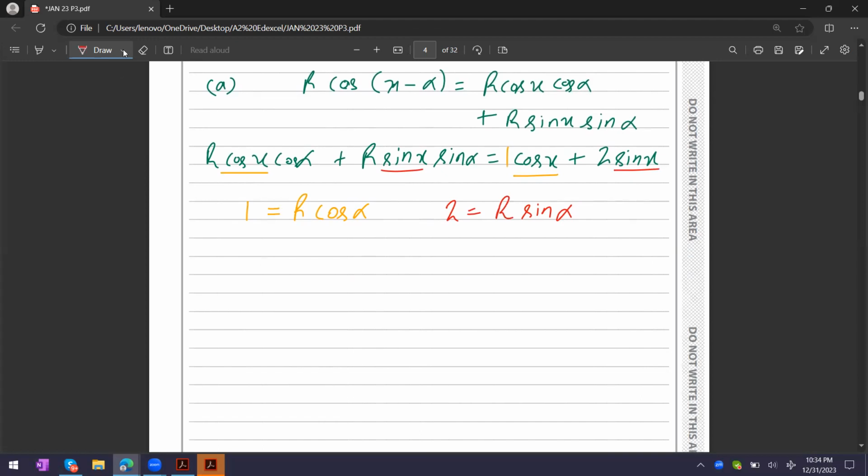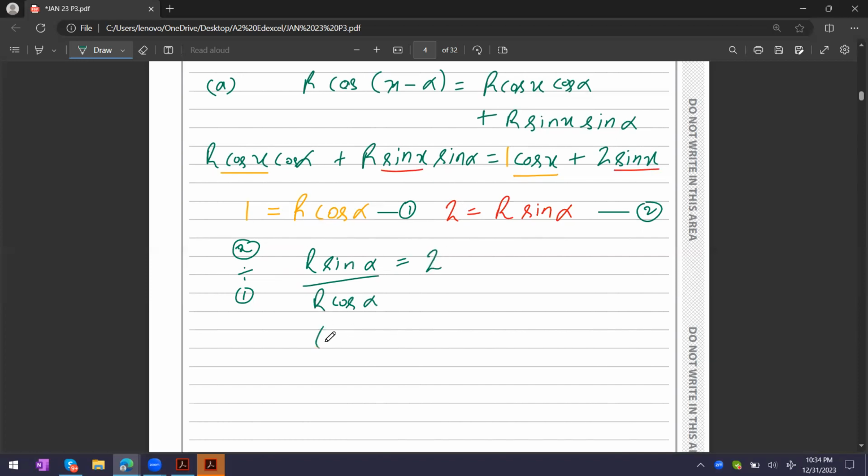So you can call this equation number 2. You can call this equation number 1. So first we are dividing equation number 2 by 1, okay, that means r sine alpha over r cosine alpha is equal to 2 over 1.